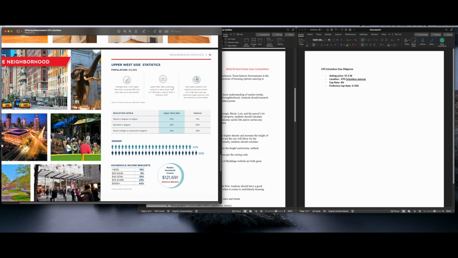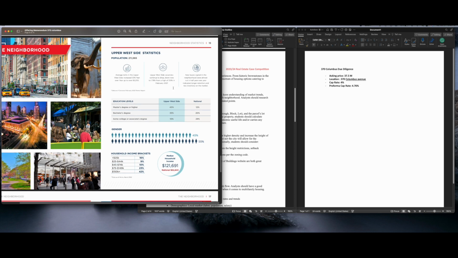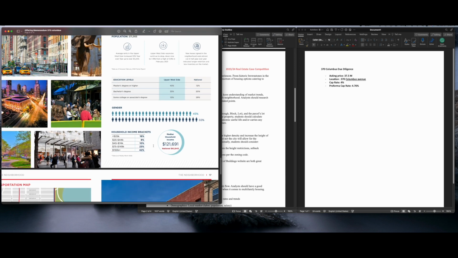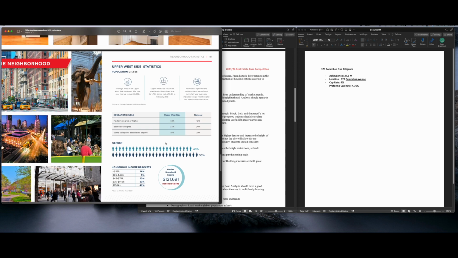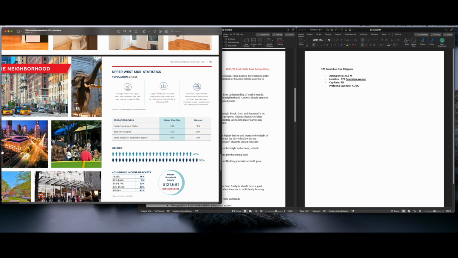It gives you an outline of what the pricing and dynamics are in the neighborhood. You'll see examples of demographics here, household income brackets. 150K plus is the majority demographic in the area, so it is a high-end neighborhood, as well as the education.